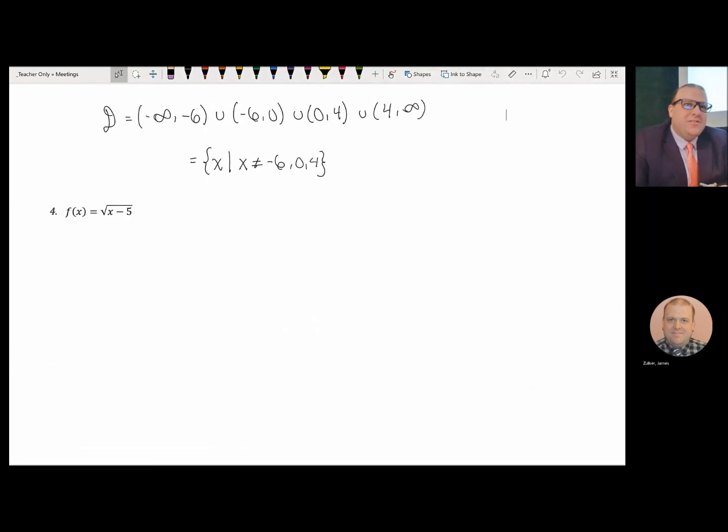Do we have a radical? What is the index of the radical? Even. It's 2. Square root is index 2, right? That means that what we're taking the radical of cannot be negative. Which is represented as x minus 5 greater than or equal to 0.